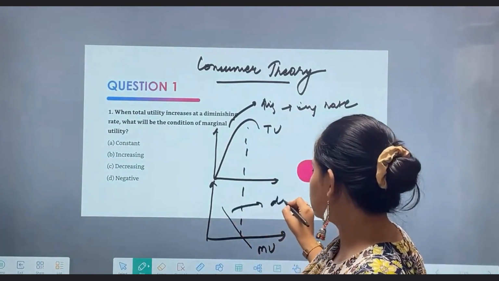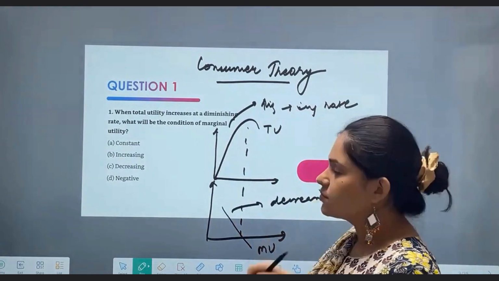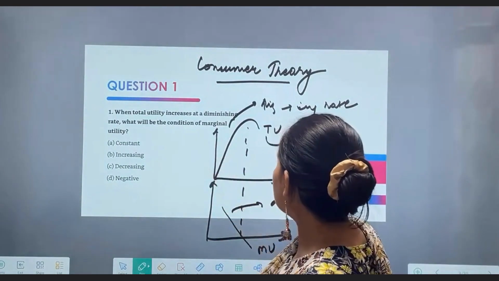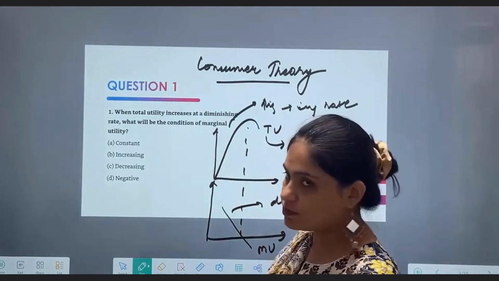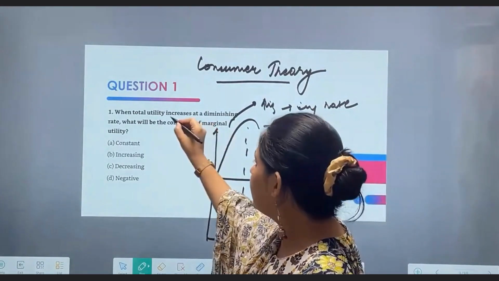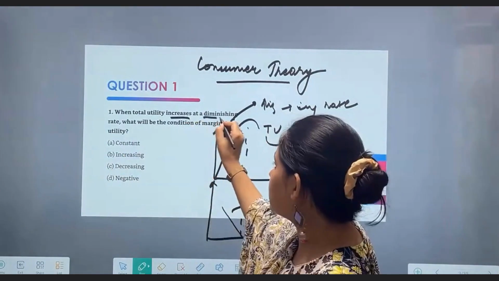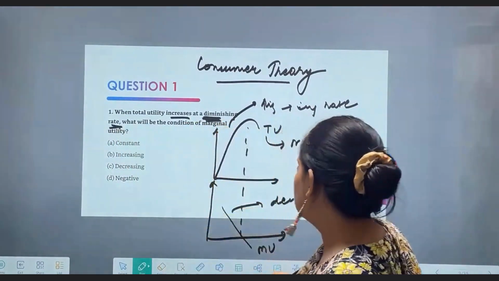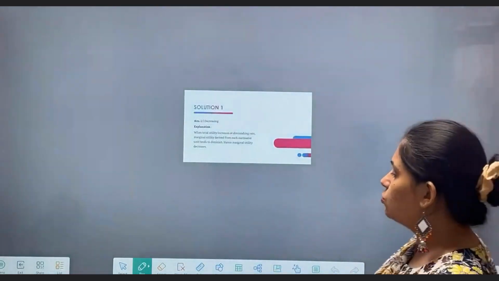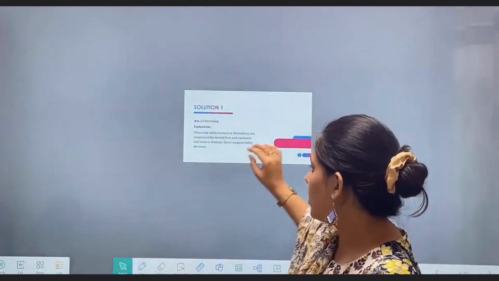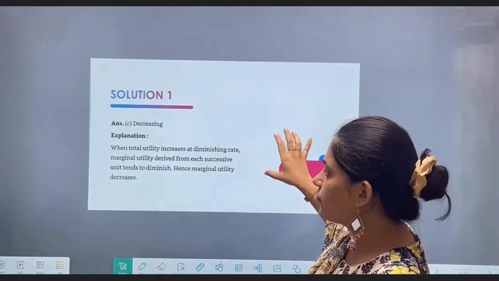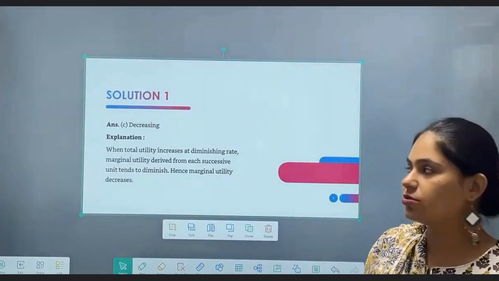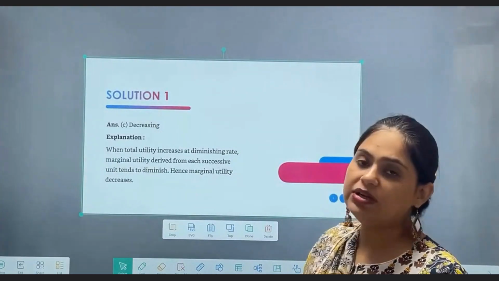It is decreasing. Another way to see this mathematically, the slope of total utility is marginal utility. So if it is increasing, that's fine, but it is increasing at a diminishing rate. So the slope should be diminishing. So the correct answer to this question, as all of you would have guessed, is C. When total utility increases at a diminishing rate, marginal utility diminishes.